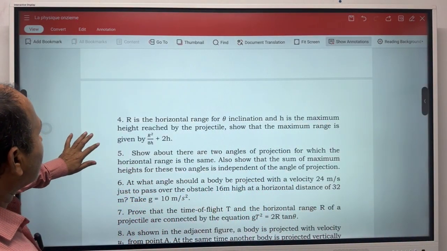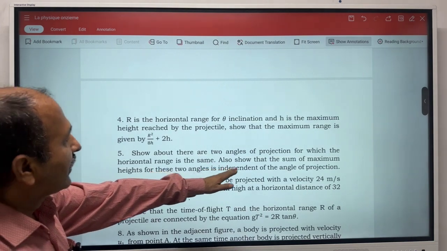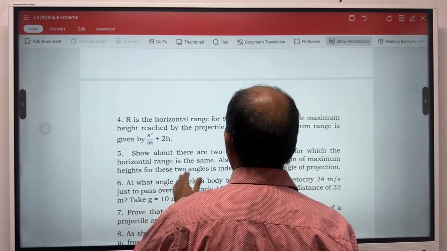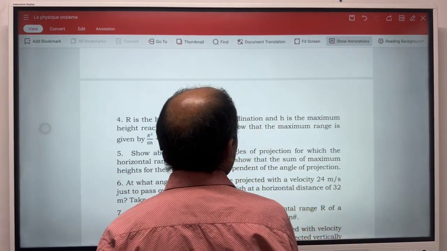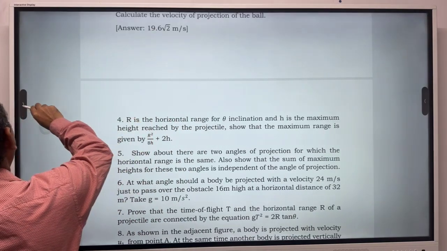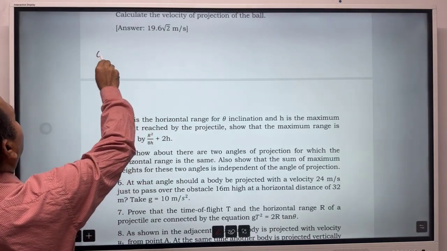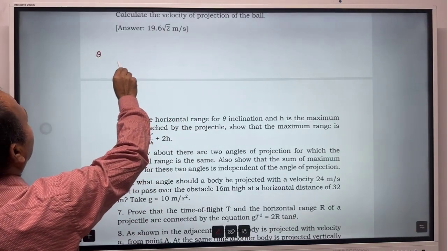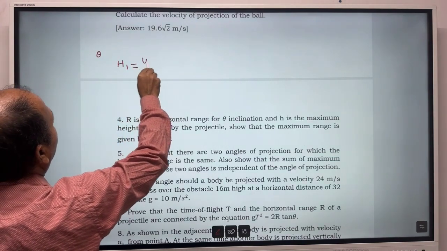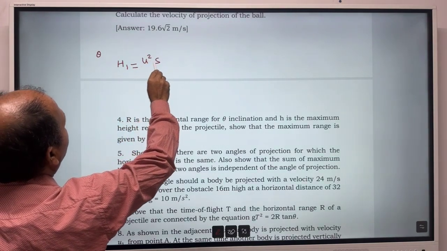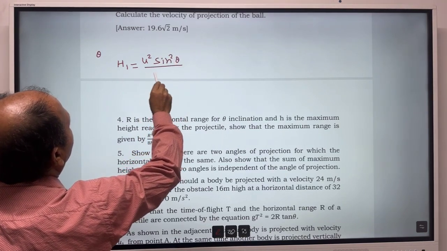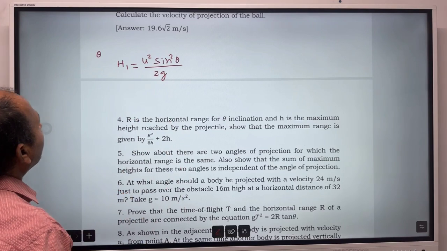Now consider the second part. The second part says, also show that the sum of maximum heights for these two angles is independent of angle of projection. See, when the first angle is theta, then say height is h1. So h1 is u square sine square theta divided by 2g.